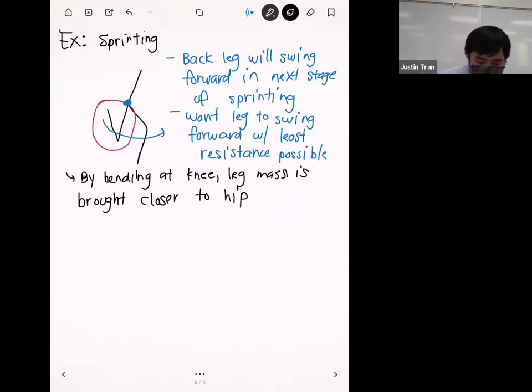The advantage that this gives us is that as we bring our legs closer to the hip, if we remember our definition for moment of inertia, moment of inertia is approximately mr squared. When we bring our leg closer to the hip, we're taking this r squared term and reducing it.